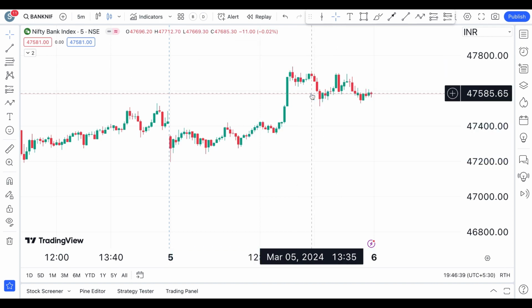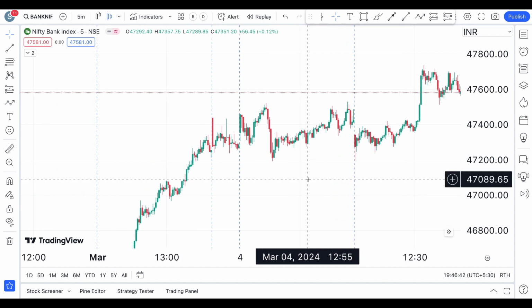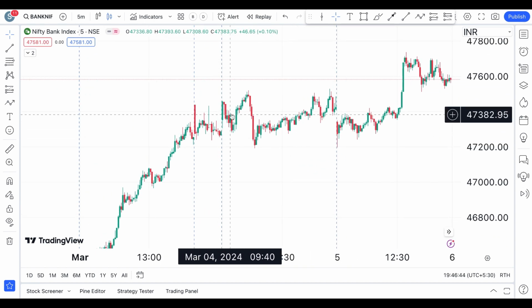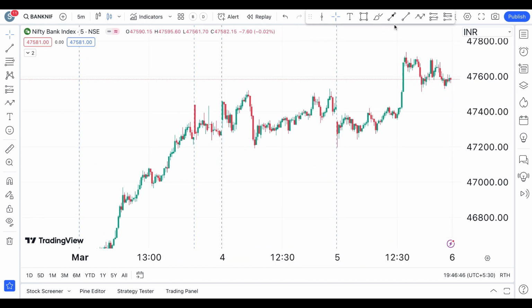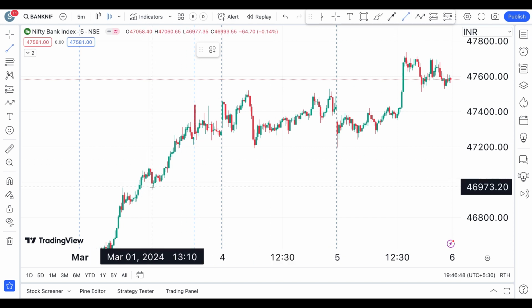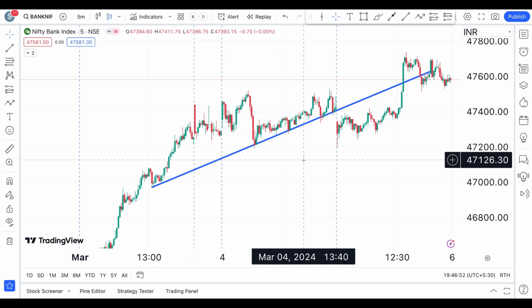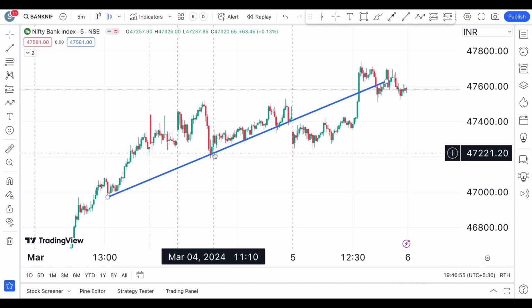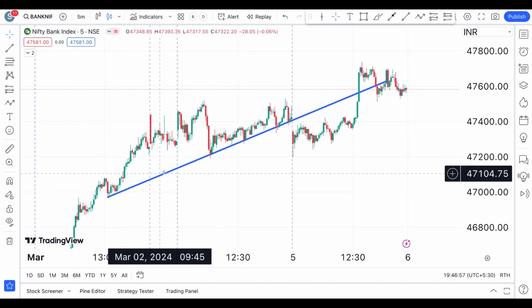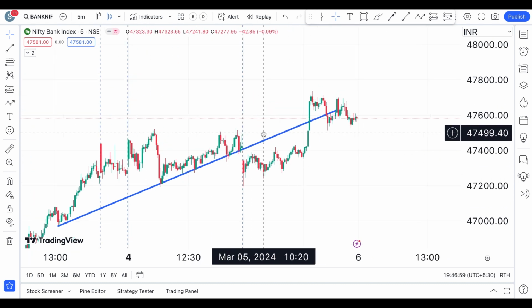Let's look at this in a little more detail. This is yesterday's price action, which is kind of sideways. But if you draw a trend line there, this is a good valid trend line, touching multiple reactions of Bank Nifty.